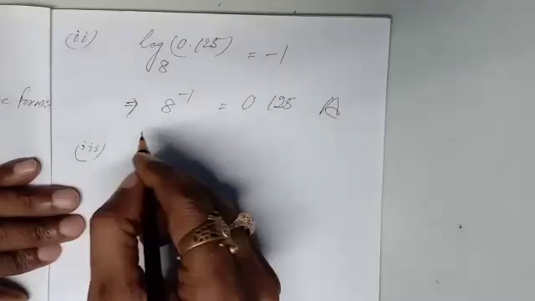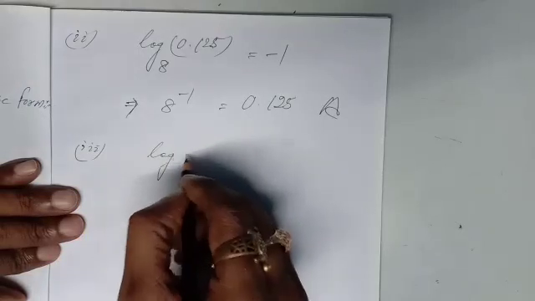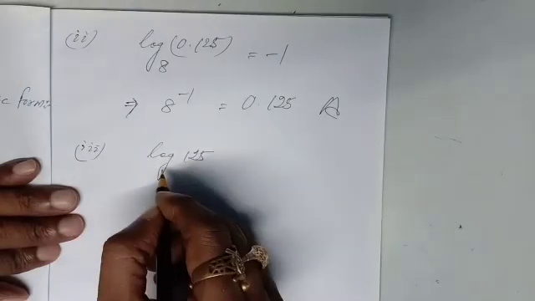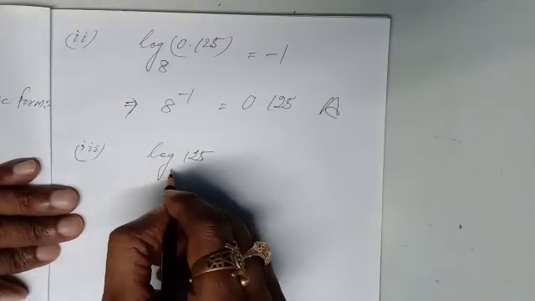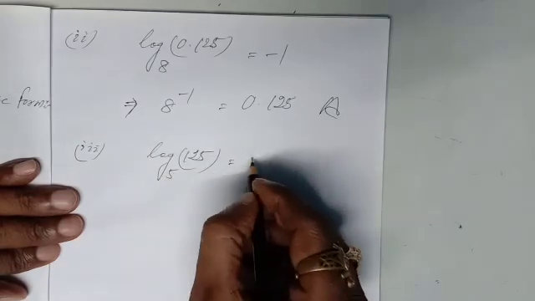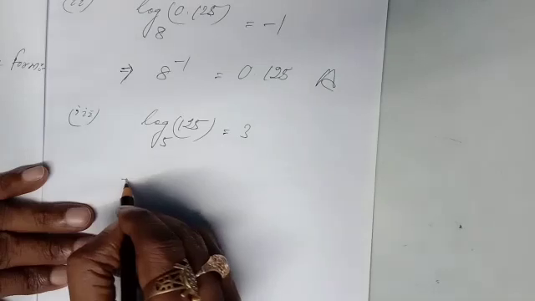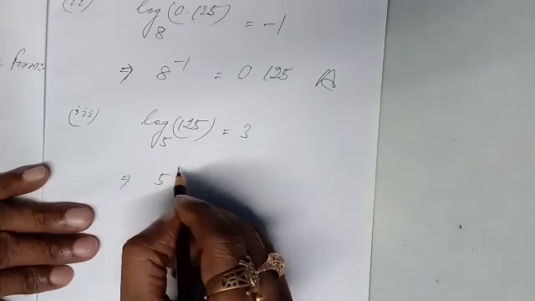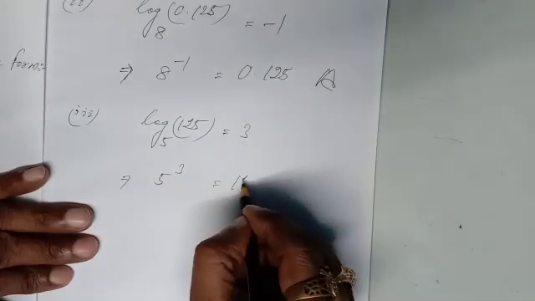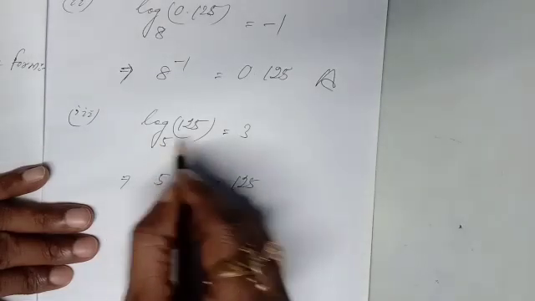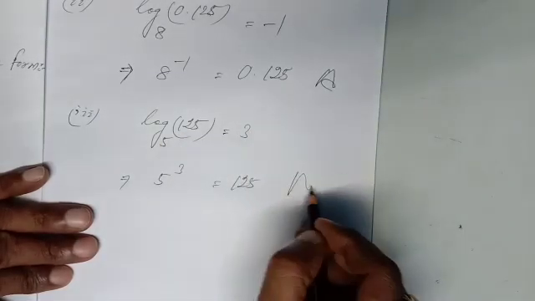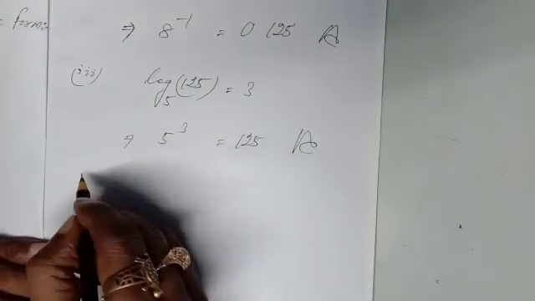Next I am doing the third part. The third part question given is log 125 base 5 equal to 3. This one is in logarithm form. That means 5 cube is equal to 125. This is the base, this is the power and this is the value. This is the answer. Next one is the fourth part.